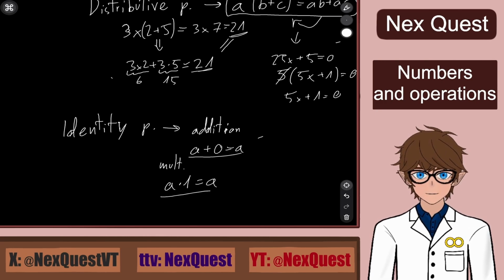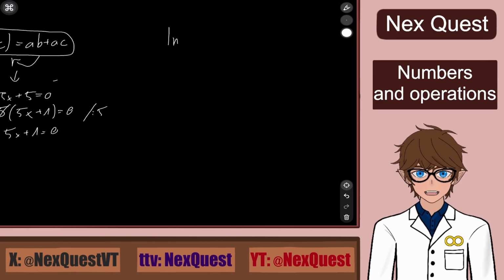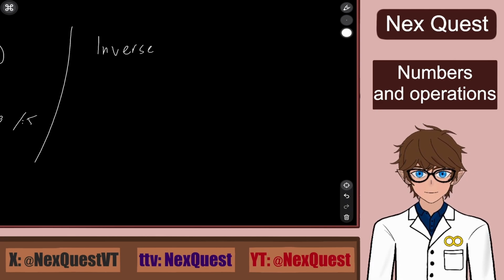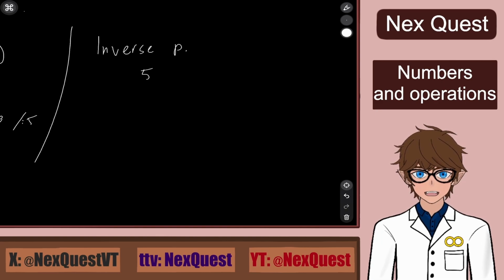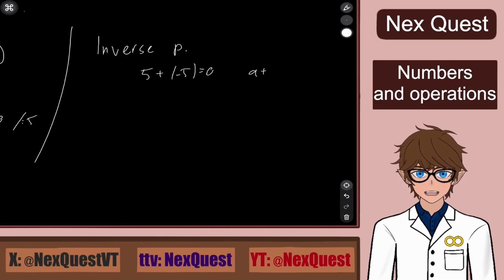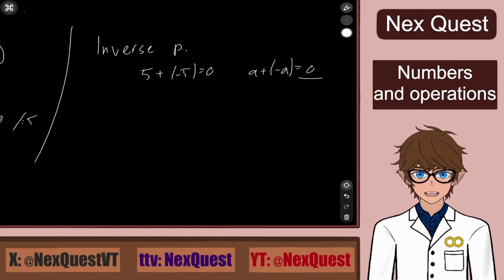Next up, there's inverse, which is the last one of the properties, which states that every number has an opposite, the additive inverse, and a reciprocal, the multiplicative inverse. For the additive inverse, we have 5 plus negative 5 equals 0, so any number onto which you add the same number but with a different sign in front of it, the result will be 0.